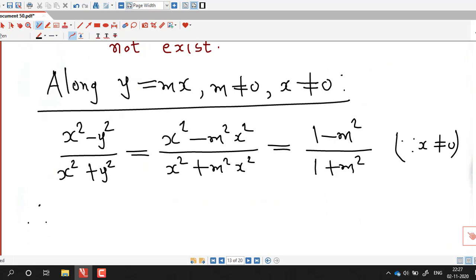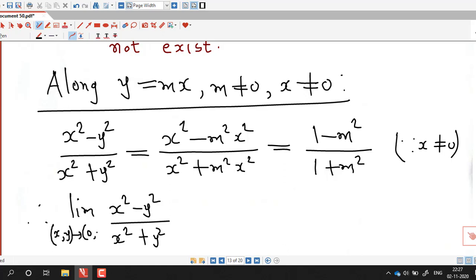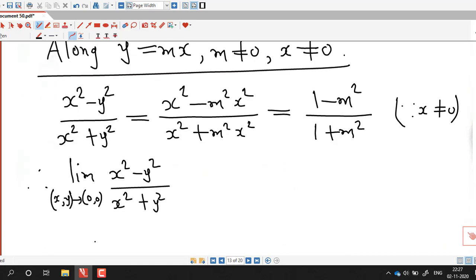Now we find the limit of x square minus y square over x square plus y square as (x, y) approaches (0, 0) along y equal to mx. This is important: we must write the path along which we are trying to find the limit.